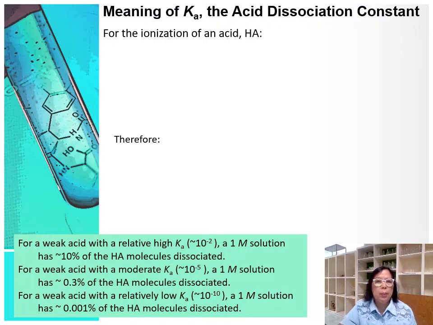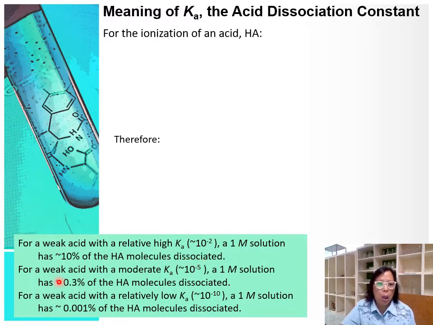Now let us go to the meaning of Ka, or the acid dissociation constant. For the ionization of acid or H+, you have here the main conclusions. For a weak acid with a relatively high Ka, a 1 molar solution has 10% of HA molecules dissociated.